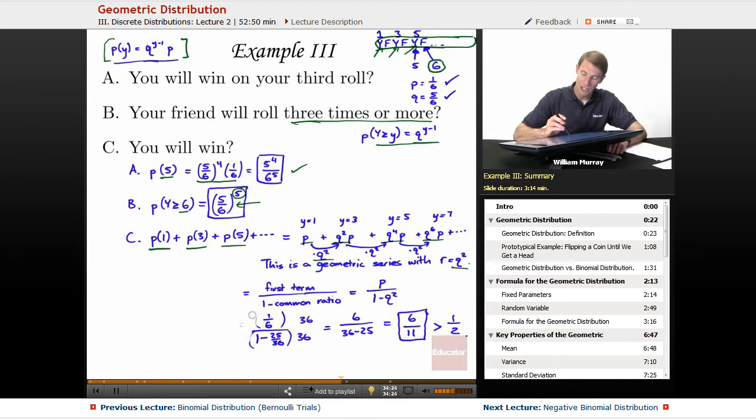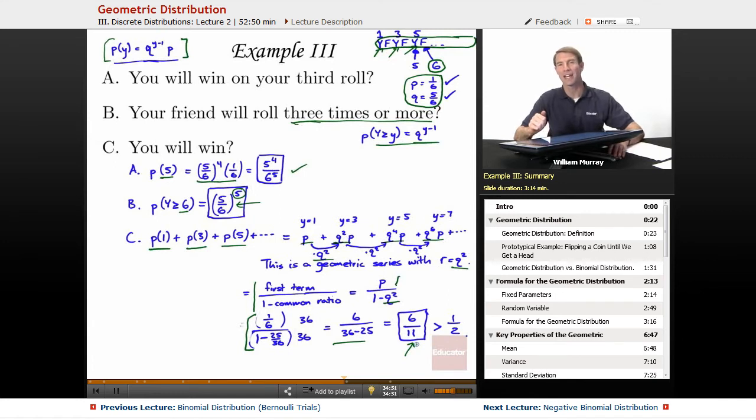By the way, I reminded you of the geometric series formula earlier on in this lecture. So you scroll back a couple slides, you'll see that. First term over 1 minus common ratio. First term was p, common ratio was q squared. And then I filled in the numbers for p and q. That came from up here. Filled in the numbers for p and q down here, did a little bit of simplifying with the fractions, and it came down to 6/11.